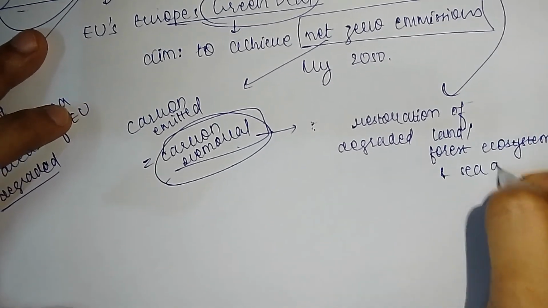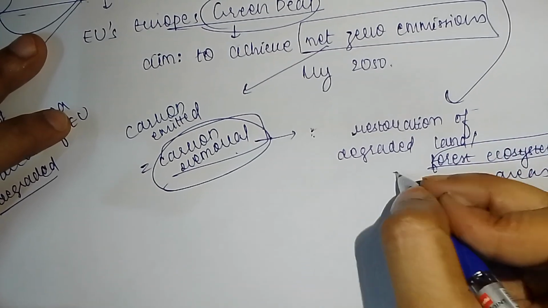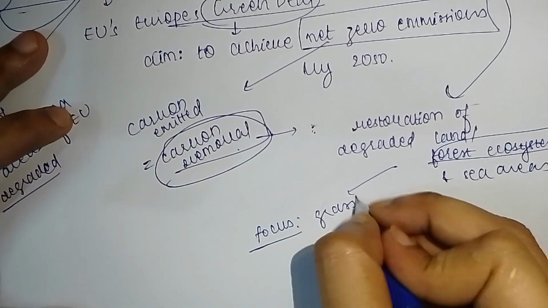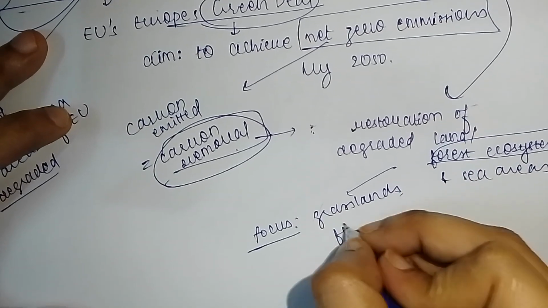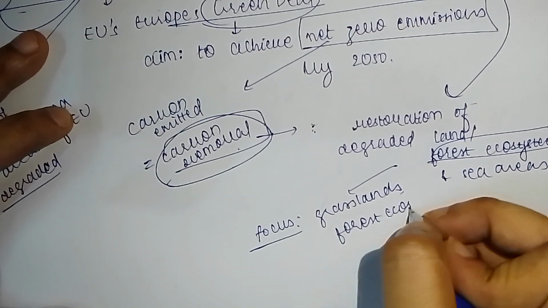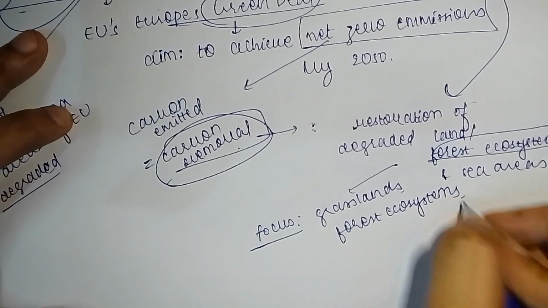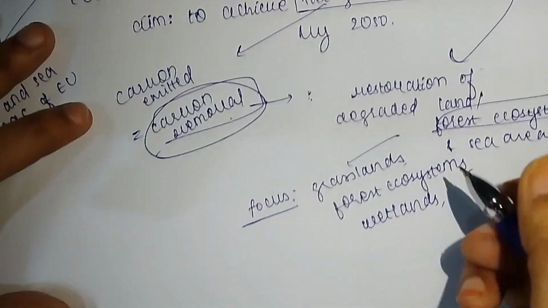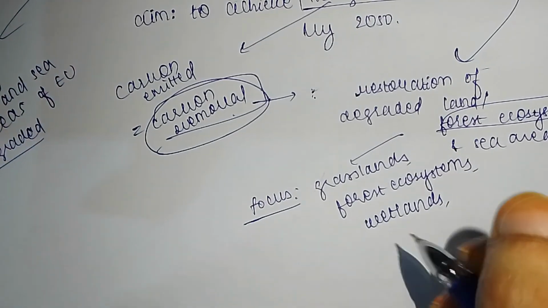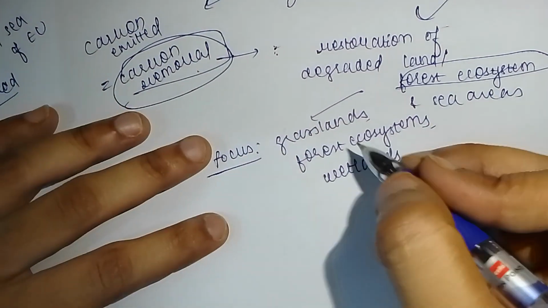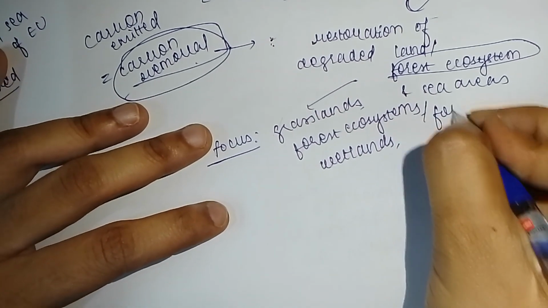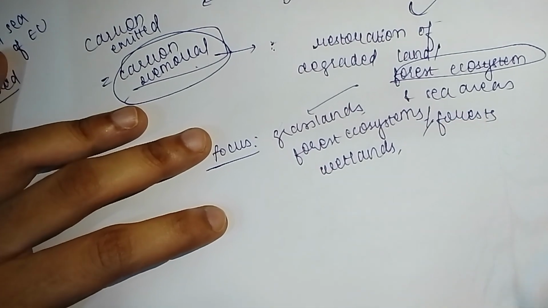Its focus is on grasslands, forest ecosystems, and you can mention wetlands, areas saturated with water. I will discuss this wetlands topic in detail for sure. Grasslands, forest ecosystems, wetlands, or you can mention forests also.